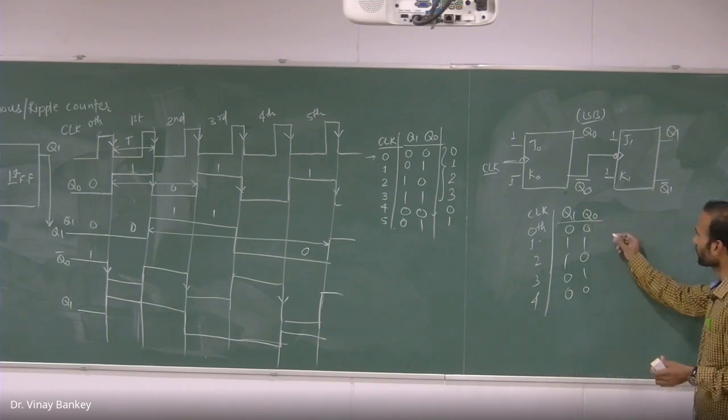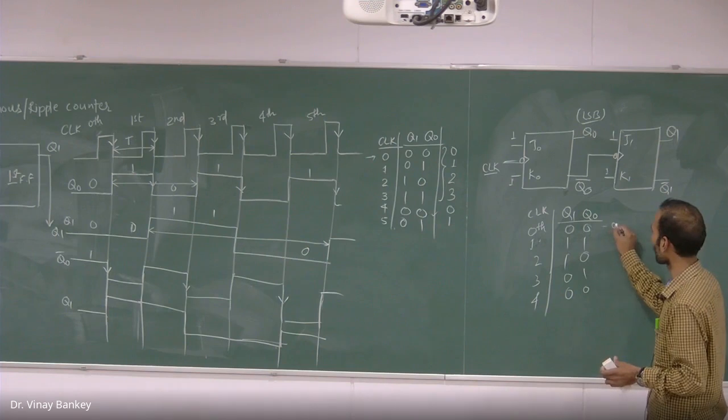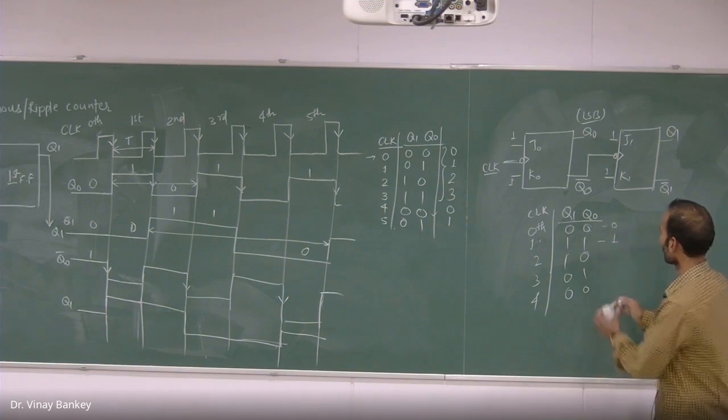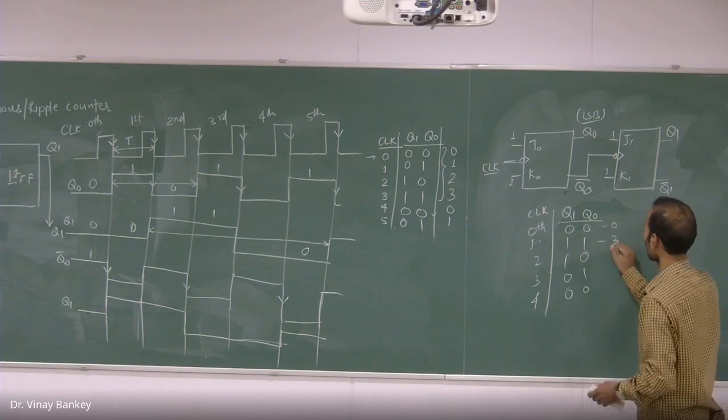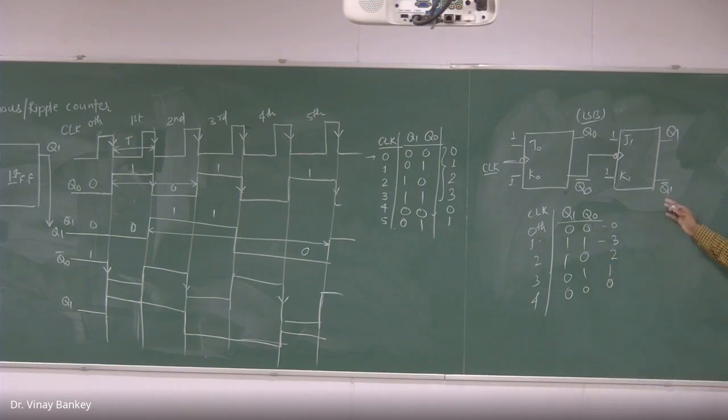So you can see here the states, the weightage of these states are what? 0, this is 1, this is 3, 2, 1, 0. So now my counter has started counting in descending order, isn't it?